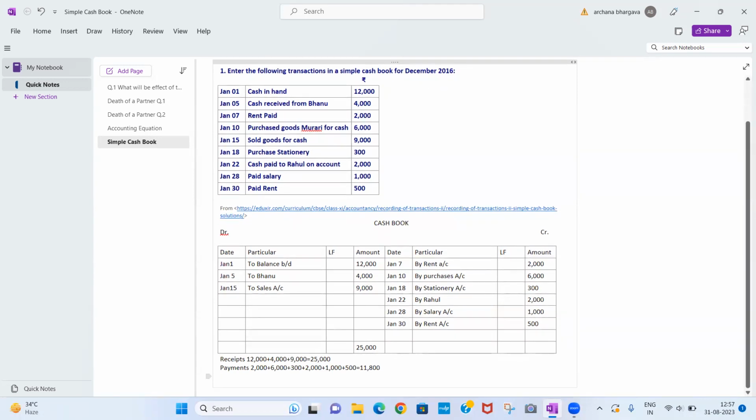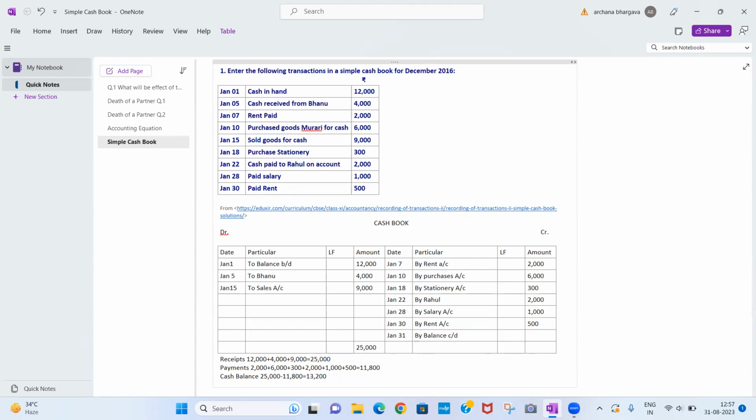Now cash balance. Cash balance is equal to 25,000 minus 11,800 rupees. So how much cash is left in hand? That is 13,200. And January is a month of 30 or 31 days. So on the last date of the month, the balance left in hand is the balance carried down.